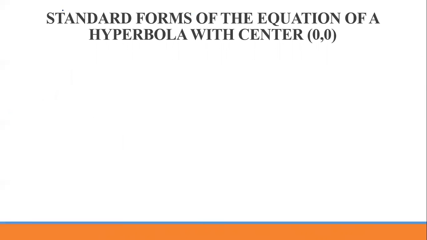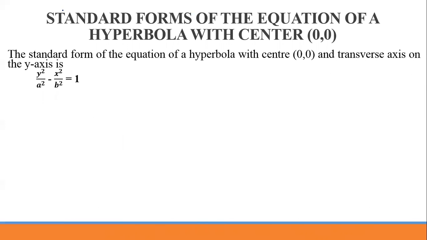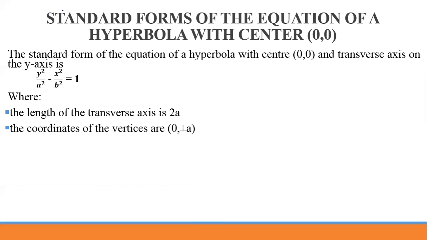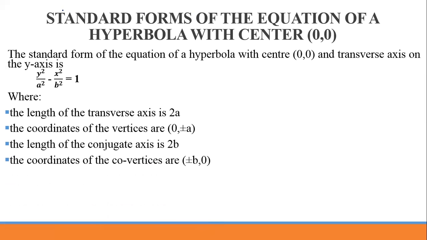Okay? And the standard form of the equation of a hyperbola with center 0, 0 and transverse axis on the y-axis is y squared over a squared minus x squared over b squared equals 1, where the length of the transverse axis is 2a, the coordinates of the vertices are 0 plus and minus a, the length of the conjugate axis is 2b, the coordinates of the co-vertices are plus and minus b, 0, the distance between the foci is c squared equals a squared plus b squared.